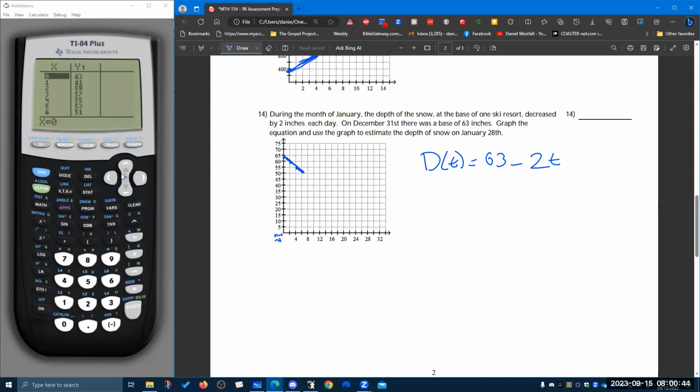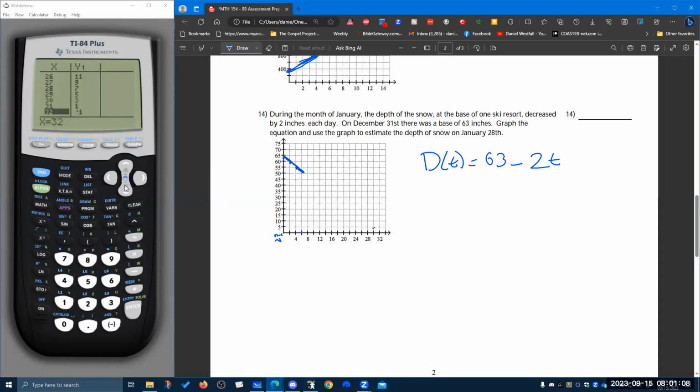Let's see where it crosses the x-axis out there. If it does. At 30 days, it's 3.